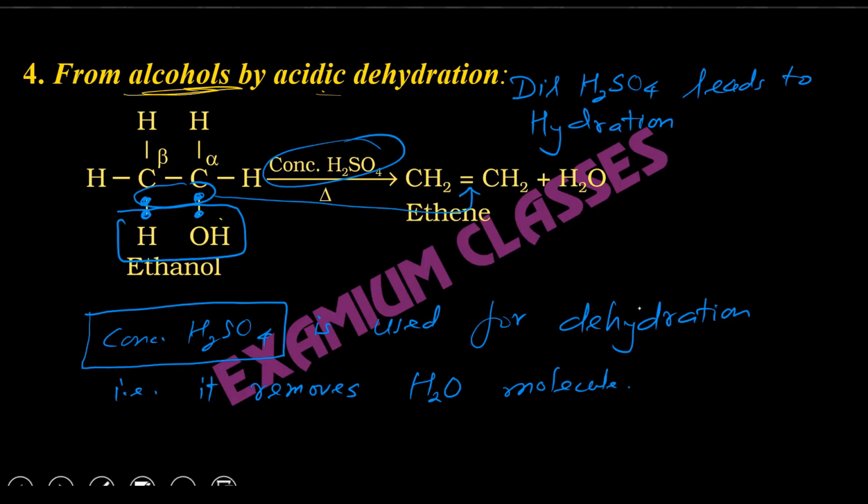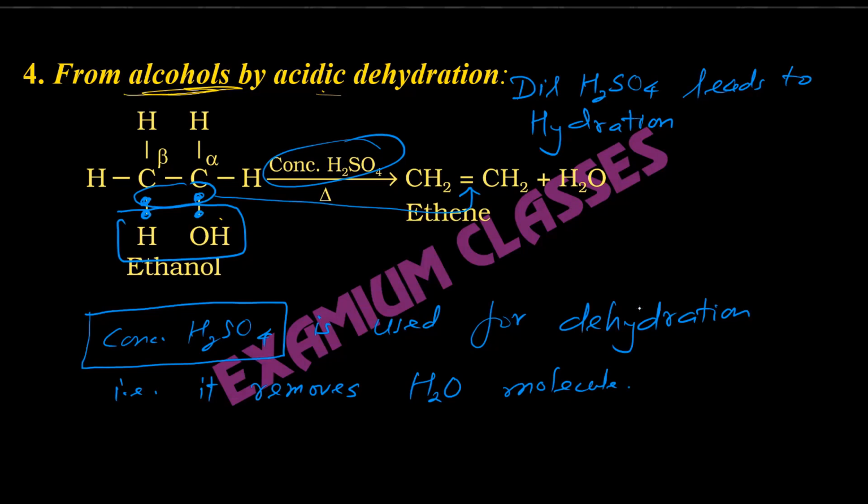So this H2SO4 should be highly concentrated. You know the function of alcoholic KOH, you know the function of concentrated H2SO4, you know the function of Lindlar's catalyst. In Lindlar's catalyst, you know the function of the poison also. What is the poison? The poison is either quinoline or PbO2, lead oxide.